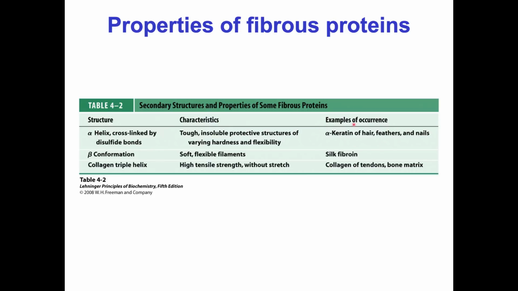Some examples of that are alpha-keratin of hair, feathers, and nails. Beta conformation structures tend to be soft, flexible filaments. One example of this is silk fibroin. And then there's the collagen triple helix, which typically has high tensile strength without stretch. One example of this is the collagen that you find in tendons and bone matrix.